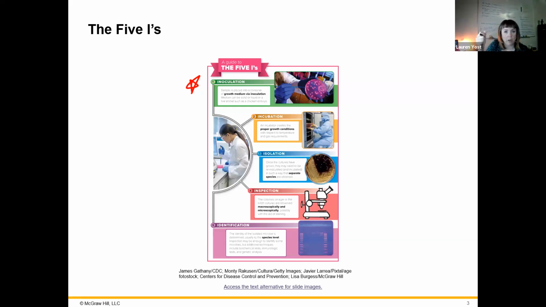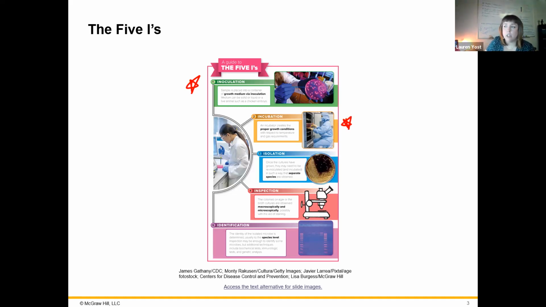So a swab of your patient's sore throat, or a swab of their nasal cavity, a sample, a stool sample, something like that. You need to grow it out. We're going to inoculate media first. So that's inoculation, introducing a sample into a sterile media in order to grow it up.